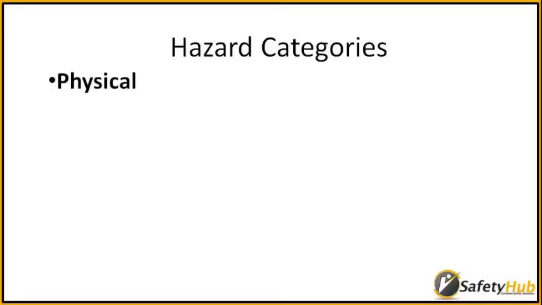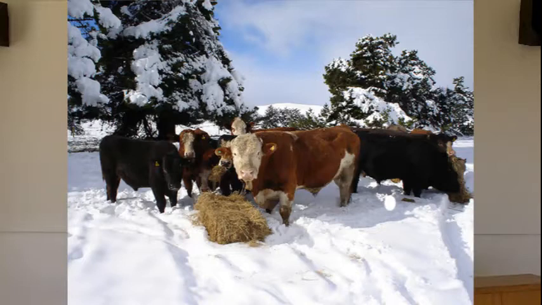Usually we're talking about transfer of energy like falling or being hit by moving objects, heat in a foundry, or a cold environment like working outdoors and freezing workers, or working in Gore, which is where my wife's from. Also included is radiation, electricity, and high noise levels and vibrations, like using portable power tools, and pressure effects like diving for increased pressure or in aviation for decreased pressure.